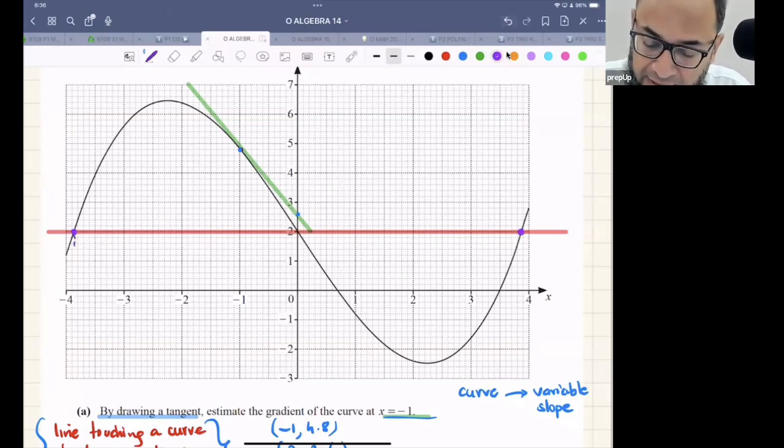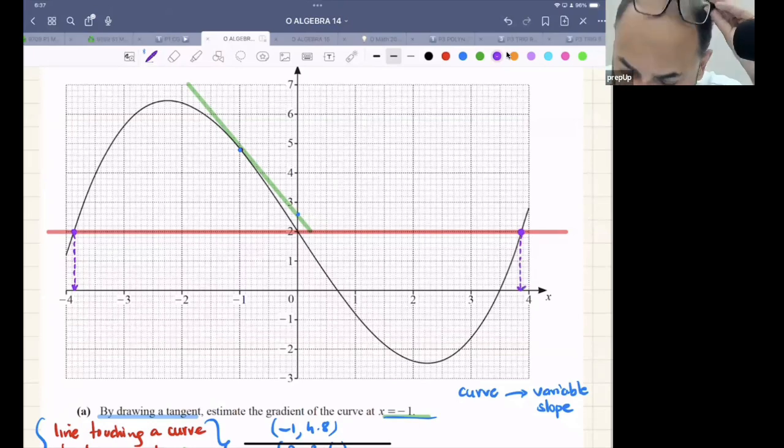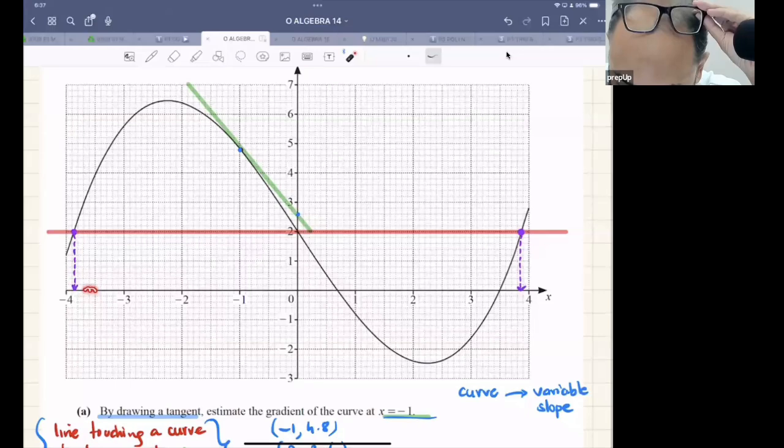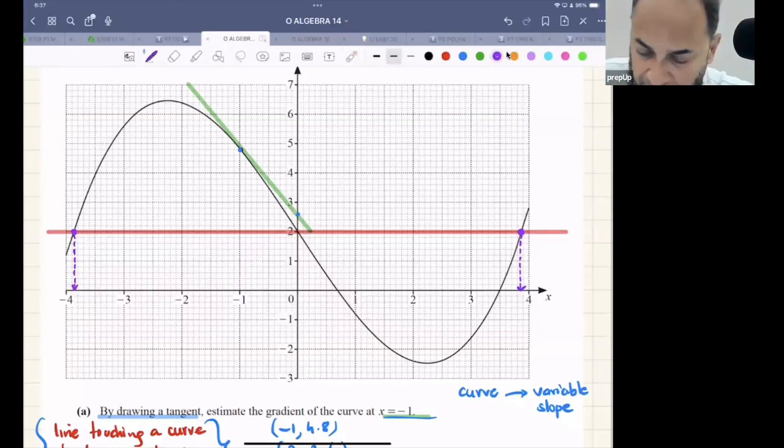It's not very exact because my line is a bit thicker. One value is this. The other value is like this. So now this one is how much? This is negative 3, negative 3.5, 3.6, 3.7, 3.8, 3.9. So this is 3.85. So let me write negative 3.85.